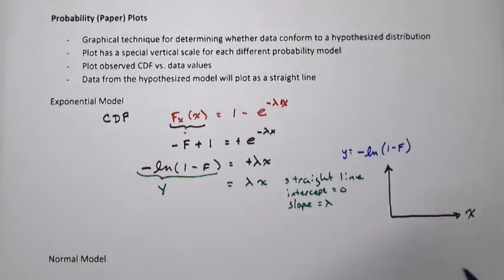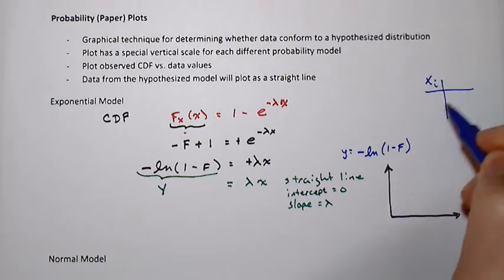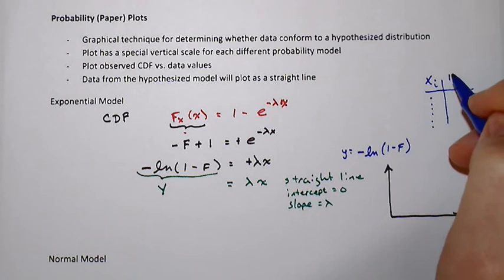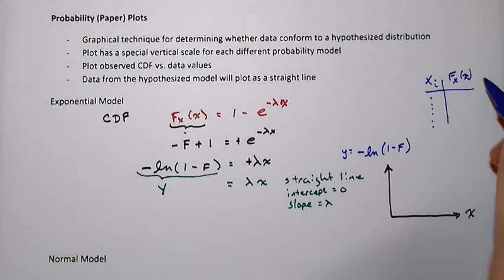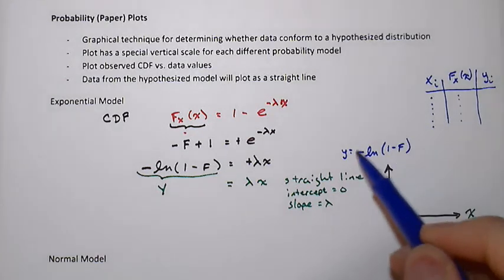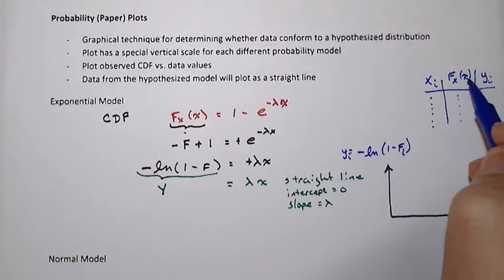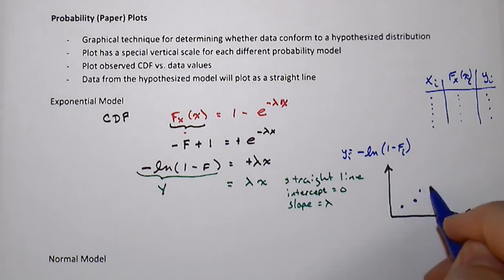What we're going to do is get from our data all of our different x_i values, and we'll compute what the observed CDF is for each one of those, and then we'll transform that into a y value using this expression here. So we can add a subscript i that goes along with each one of those. And then that's what we plot.